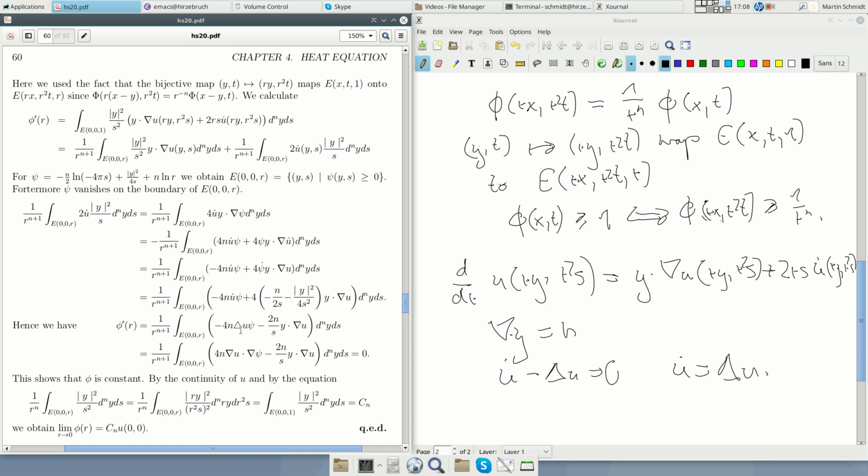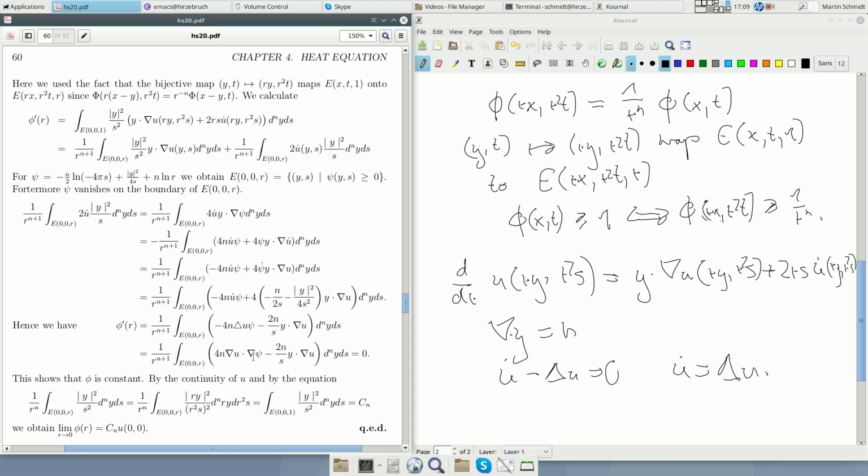This term, the Laplacian, is of course the divergence of the gradient. On the gradient we do a partial integration, and then we get rid of the minus, and the gradient now acts on the psi. So we get this expression.